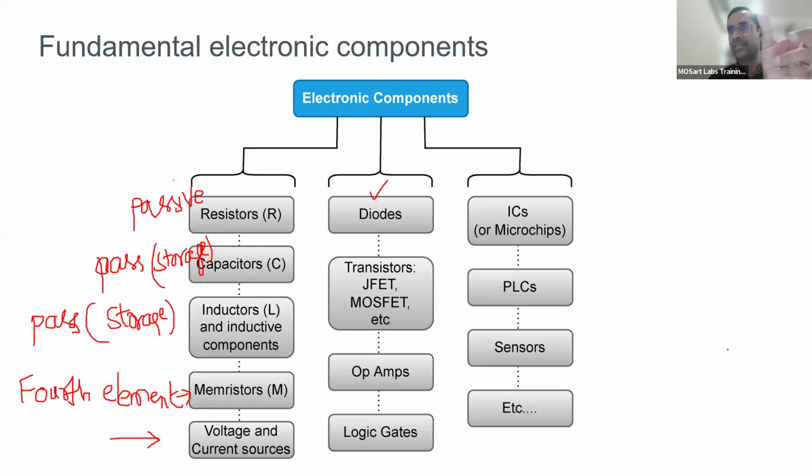Whereas with a resistor, you apply a voltage, you get a current. Whatever voltage you apply, even 1 microvolt, you get the proportional current. Put 1 nanovolt, you get a proportional current. Put 1 volt, you get the proportional current. Whereas for a transistor, you have to first turn it on, bias it, and put it in the region of operation that you want, and then it will start working.